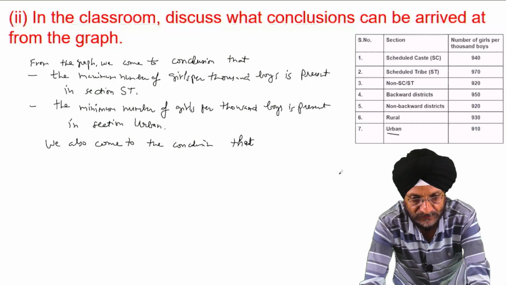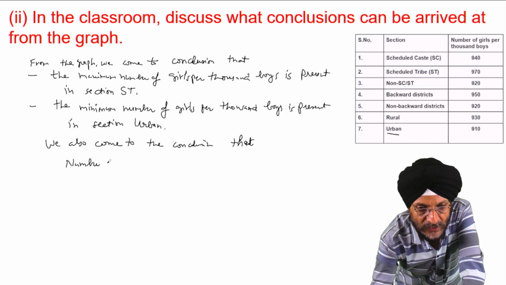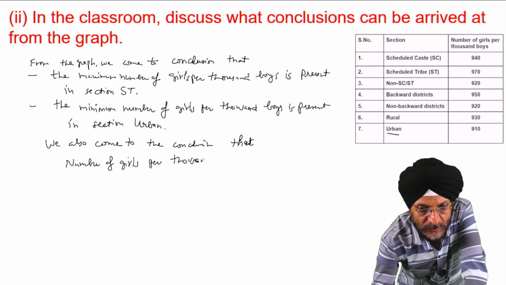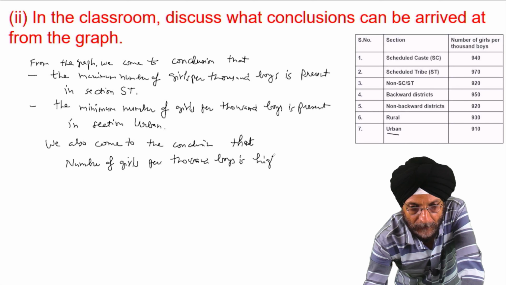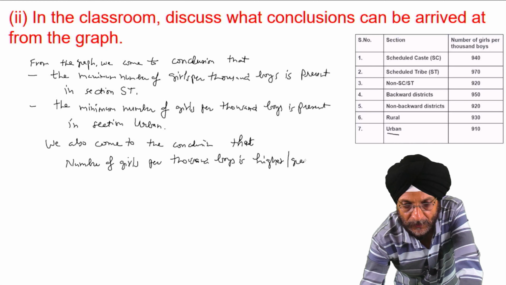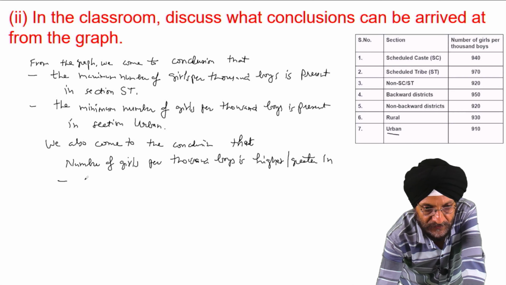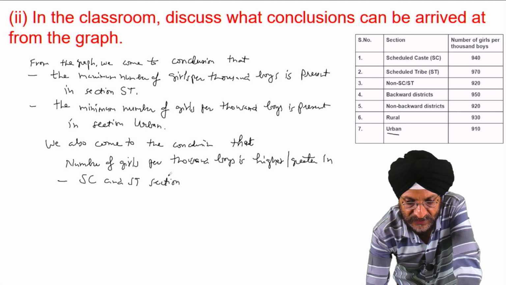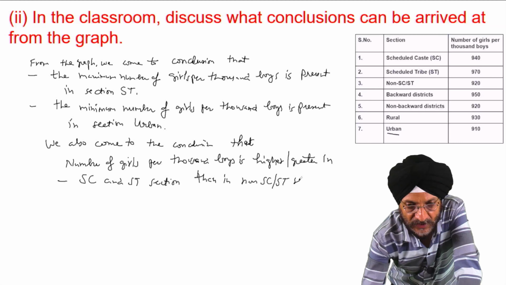So we will write here that we come to the conclusion that number of girls per thousand boys is higher or greater, whichever you like, you can add greater, in SC and ST section, than in non-SC ST section.